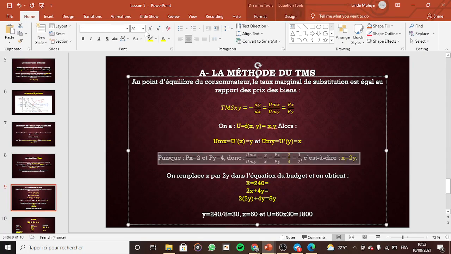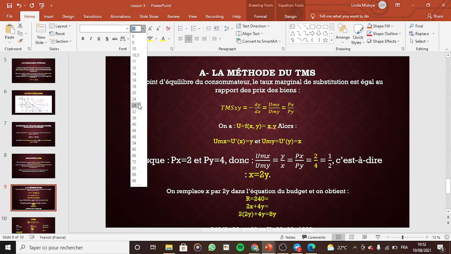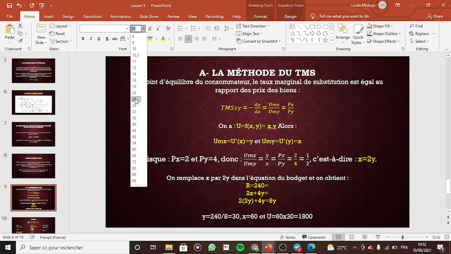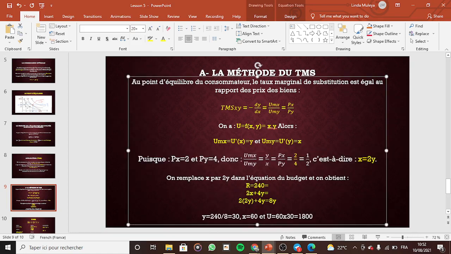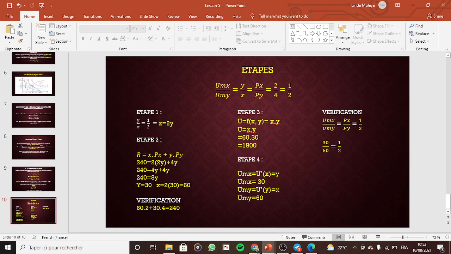Let me increase this. And we came up with this equality: x is equal to 2y, and we replaced it in our equation for revenue, and that's how we found the value of x and y. In this case, y was equal to 30 and x was equal to 60, and I gave you a few steps to follow just to verify that.